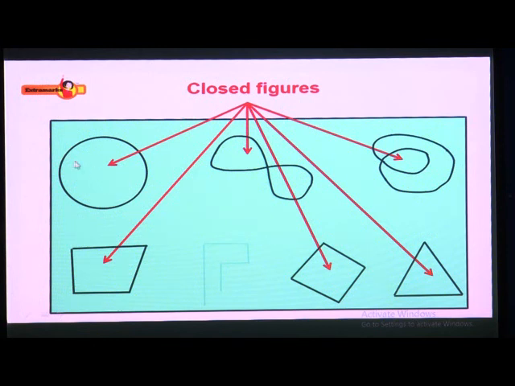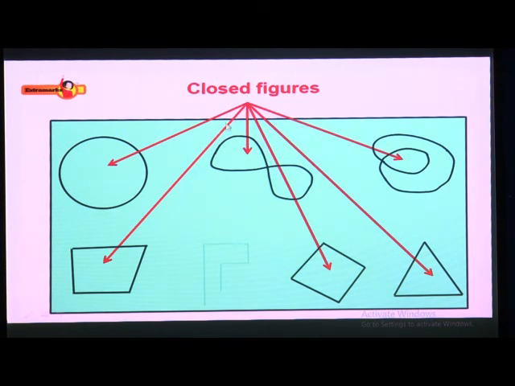Now you can see the figures which we have drawn earlier, from those we have some closed figures. The figures that have a closed boundary are called closed figures. Now you can see this is a curve and it is closed, so we can call it a closed figure.